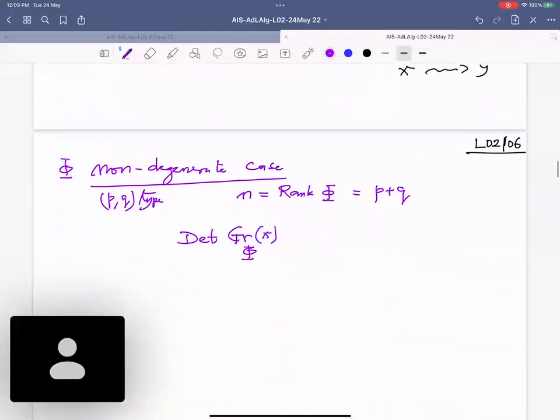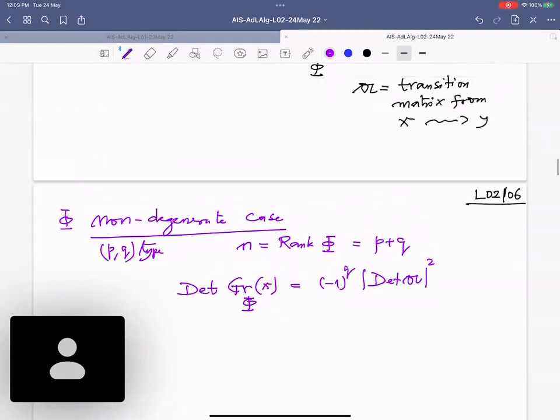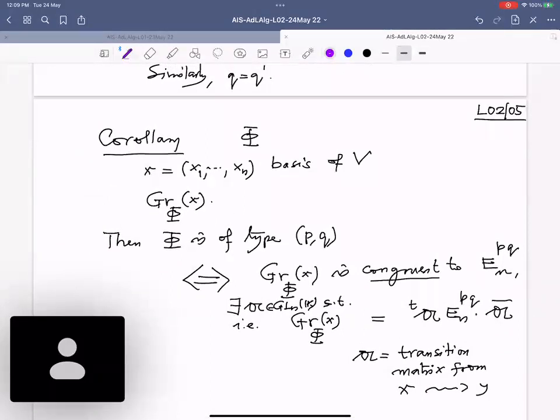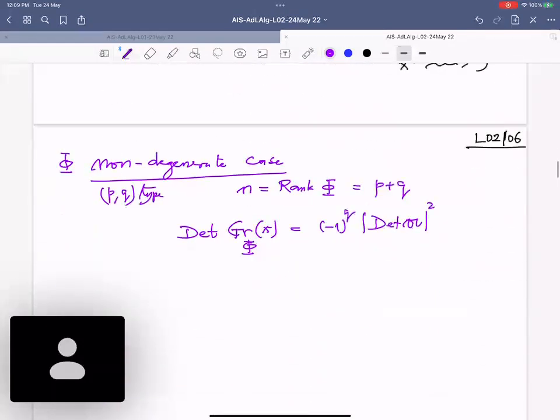So this is equal to -1 power q times mod of the determinant of a square, because you see a bar and a, their determinants: this will be determinant a, this will be determinant a bar, but that bar will come out because bar is an automorphism of the field, so it respects multiplication and addition. Therefore, I will take the bar outside the determinant. So determinant a times determinant a bar, but that is the mod of the determinant. That is mod of the determinant square.